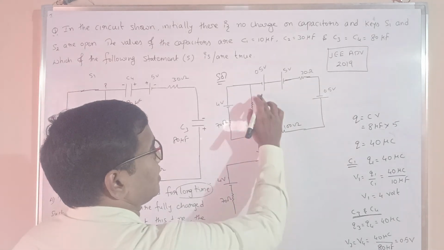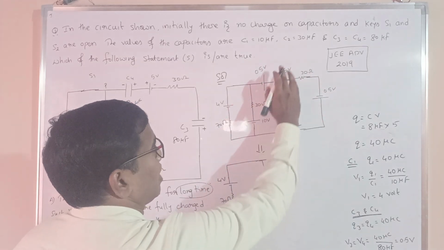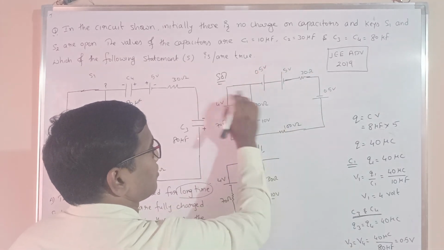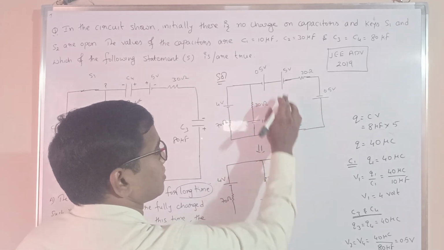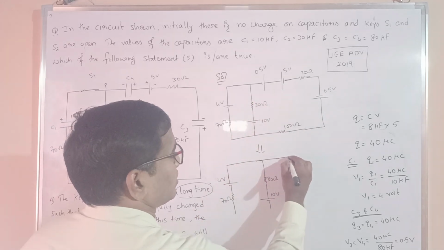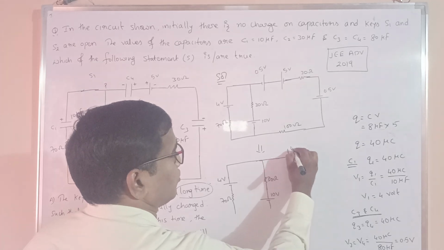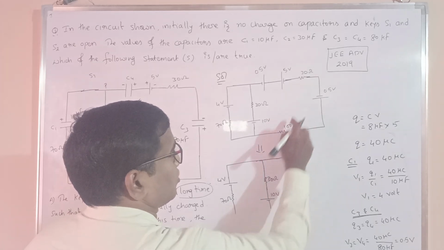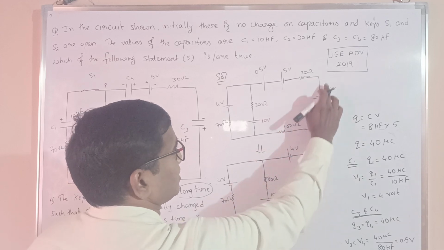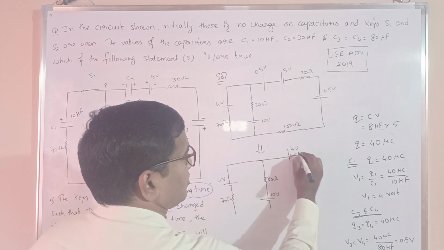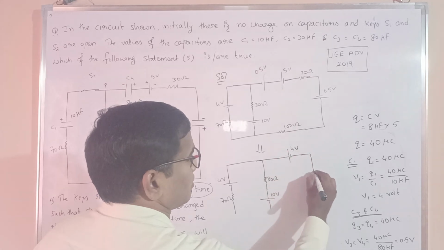And now in this region, out of 5 volt, 4 volt is here, 1 volt is here, and these cells are reversely connected to this one. So here the net potential I can draw is 4 volt. And one more, this 100 ohm and this 30 ohm, these two are connected in series. So in series it will be 130.